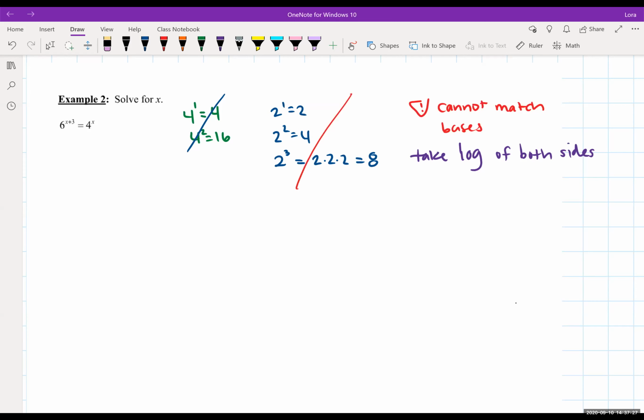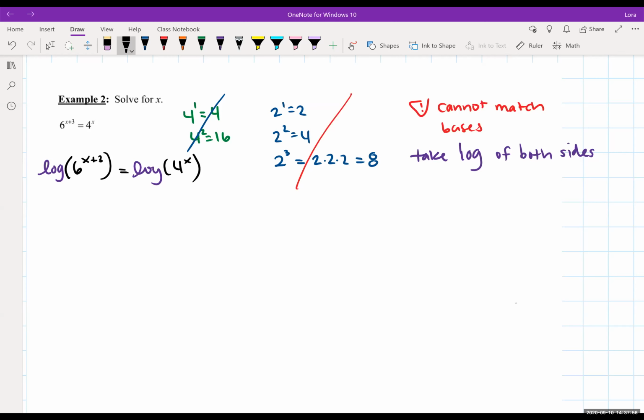If we do that, I'll write this in: log of 6 to the x plus 3 power equals log of 4 to the x. What's cool about using this property, it looks a little complicated at first, but you can use properties of logarithms to release the variables from their exponent position in the argument.